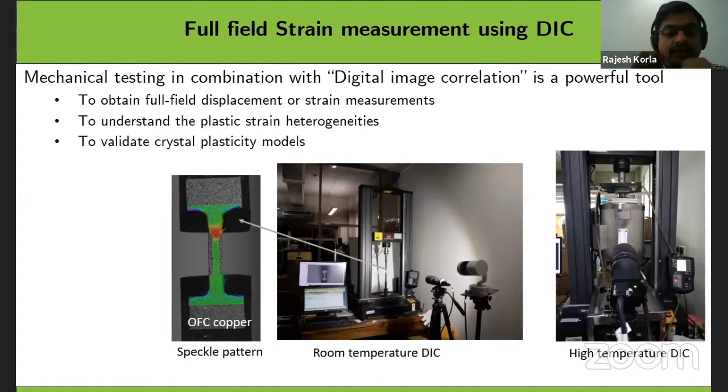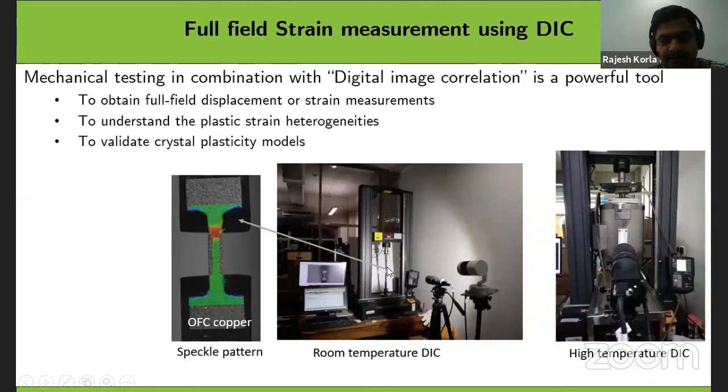In the process, you create a white and black contrast throughout the sample. If the sample itself has some contrast difference, then you can directly use the sample itself. If there is no white and black contrast in the sample, then you have to paint with white paint first, and then spray the dark paint so that you can create this kind of speckle. This is called creating a speckle pattern on the sample.